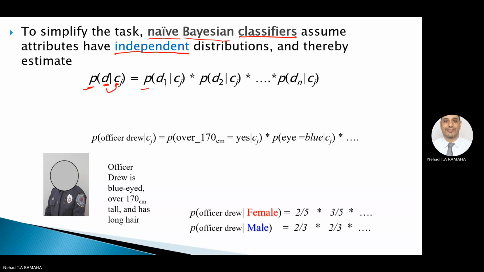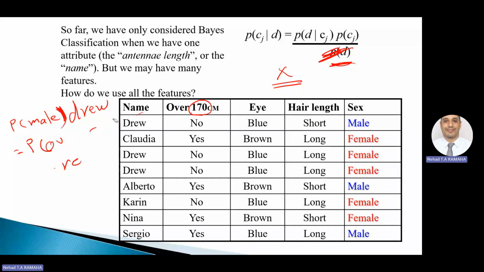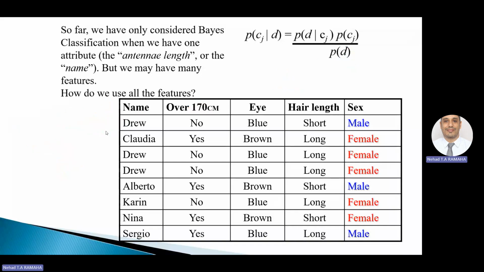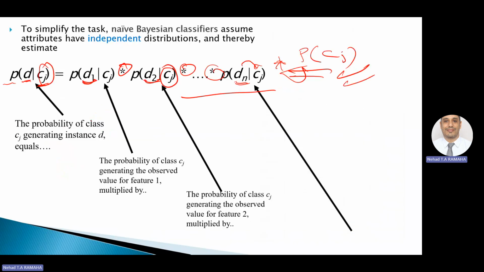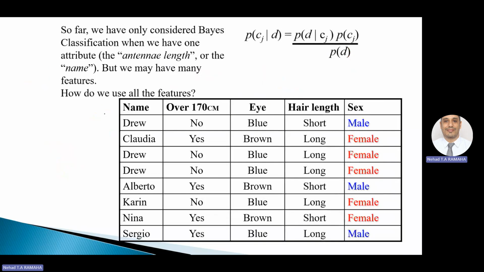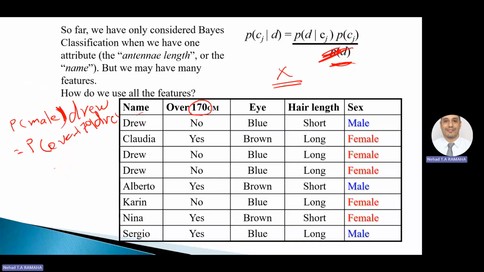I have to remove this one. So according to this rule, it should be the same order, yes? So it's the probability of over 170 with Drew, multiplied by the probability of this eye color with Drew, multiplied by the probability of hair length with Drew, and so on.